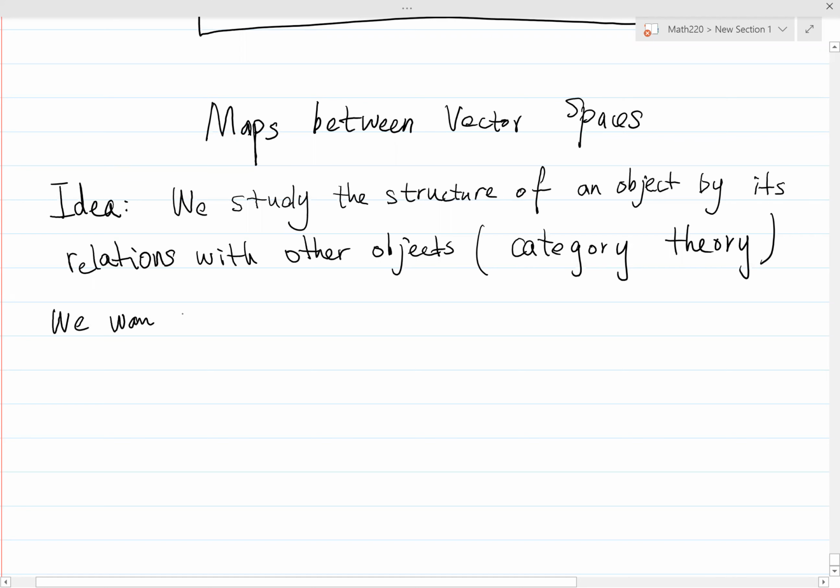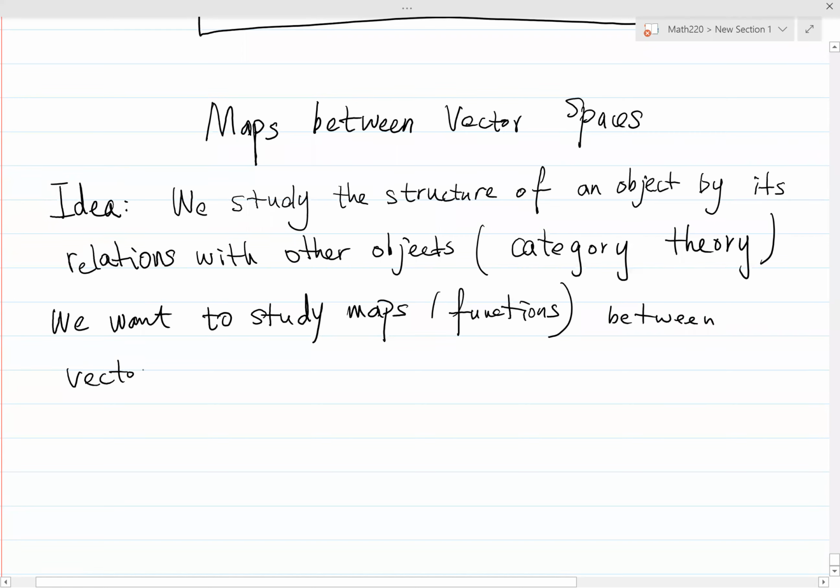We want to study maps, or you can view this as functions, between vector spaces, that preserve the original structure.